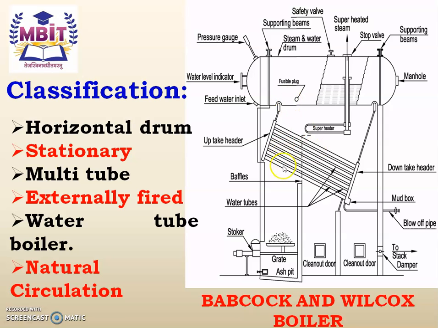Water passes through the tubes and outside the tubes hot gases are there, so it is known as the water tube boiler. And natural circulation: here the water circulates naturally due to the density difference, and therefore it is known as the natural circulation type boiler.